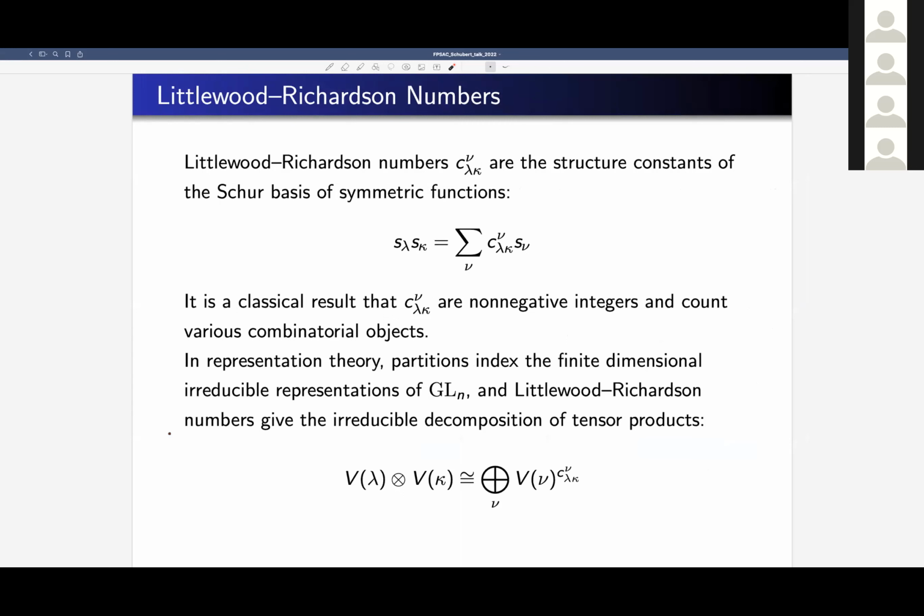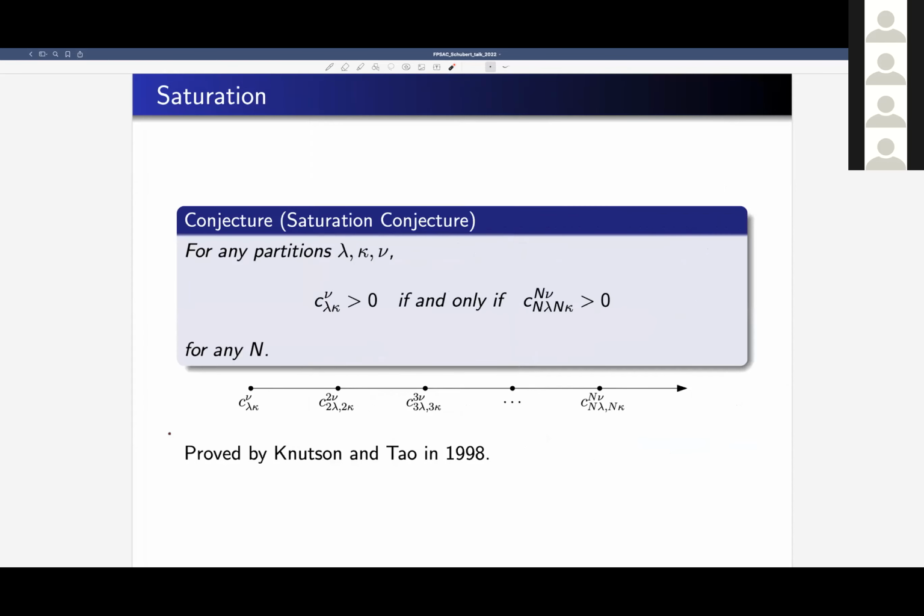And the short detour for Littlewood-Richardson coefficients, which are important to representation theory, but purely in the Schur basis, we can see them as structure constants. There was a saturation conjecture, probably the one that gave Monical, Tokushige, and Young the idea to call it the saturated Newton polytope, about these Littlewood-Richardson numbers saturating a cone, in this case, an infinite cone. And this was proved by Knutson and Tao in '98.